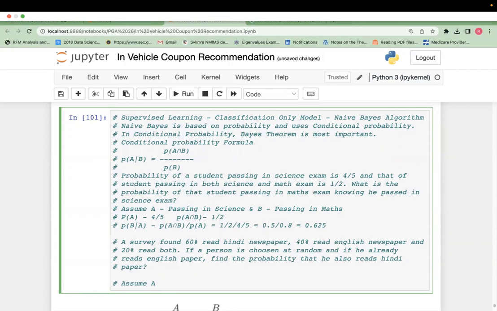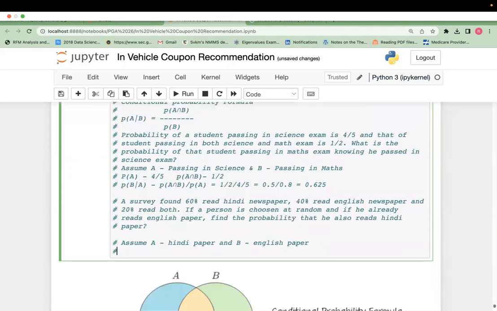Assume A and B as the events. Probability of A is 60%, or 3 by 5, so 0.60. Probability of B is 0.40. Probability of A intersection B is 0.20.